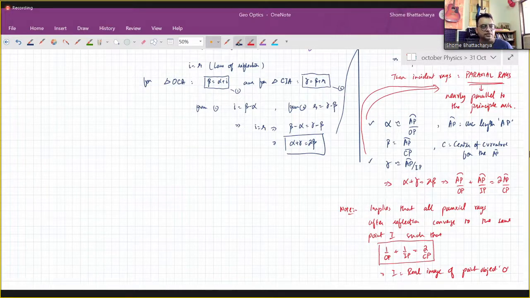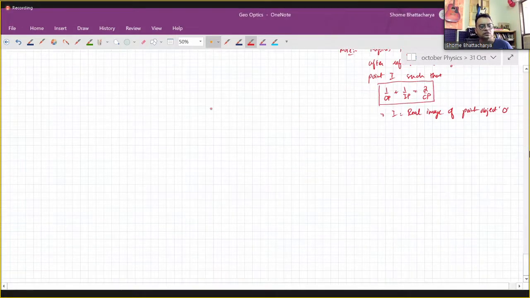Yes, exactly. We can get the UV formula, Jagannath, but the thing is, now we have to incorporate the sign convention. Okay. So now next thing we see, because otherwise we'll get a different formula for different situation. Okay. So Cartesian sign convention.